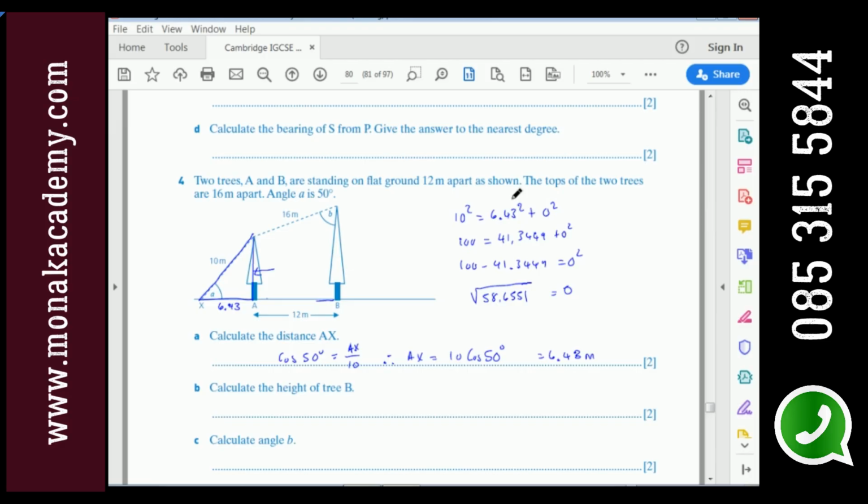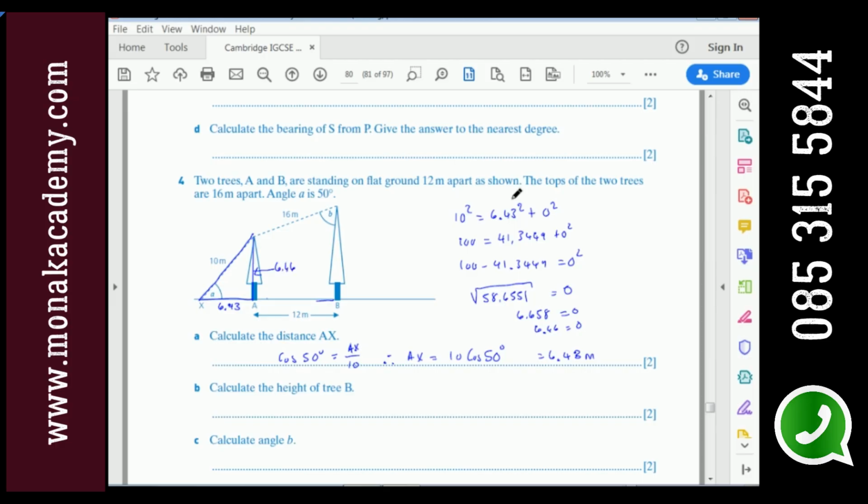Okay, and our answer is 6.658. We round it off, becomes 6.66. All right, so we now know the height of tree A is 6.66.